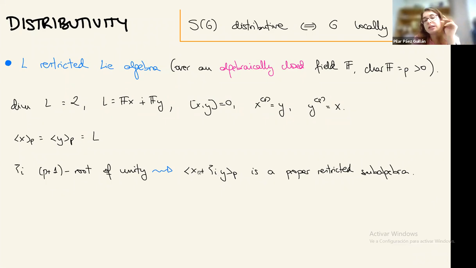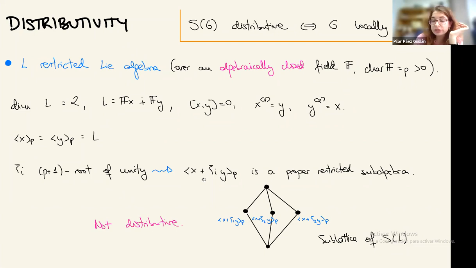So the subalgebra generated by this one is a proper restricted subalgebra. And as the characteristic of my field is 2 or higher, this p+1 will be 3 or higher. So I'm going to have at least 3 restricted subalgebras of this type, and I'm going to be able to pick this diamond as a sublattice of the lattice of restricted subalgebras. So for my restricted Lie algebra, the lattice won't be distributive.